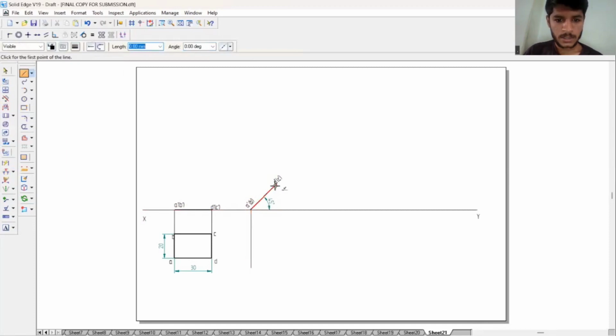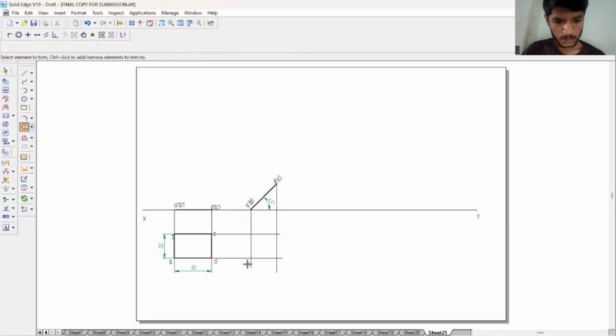Let's draw lines, extend the lines. And let's trim all the non-required ends. Now let's join all the lines, all the points.